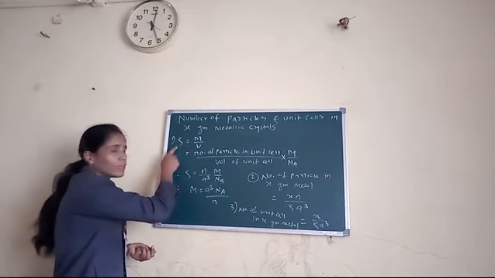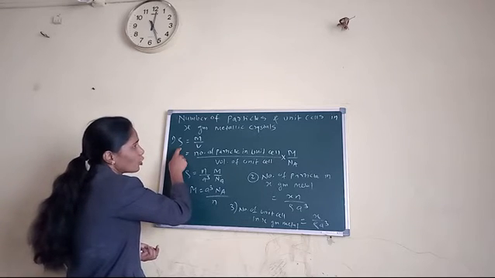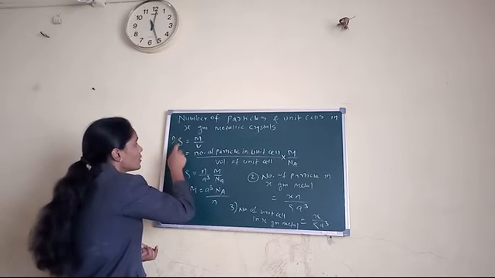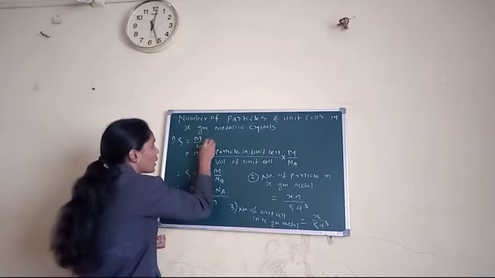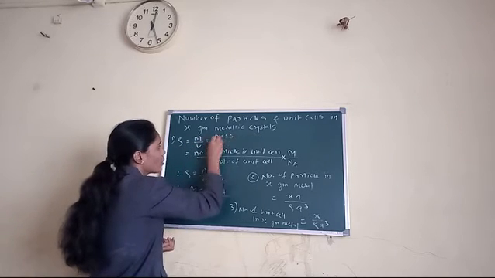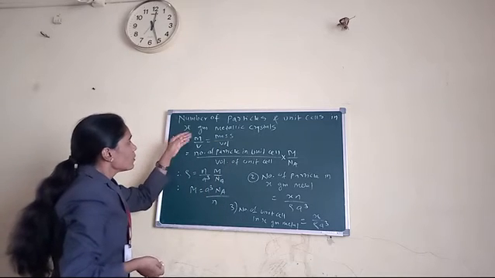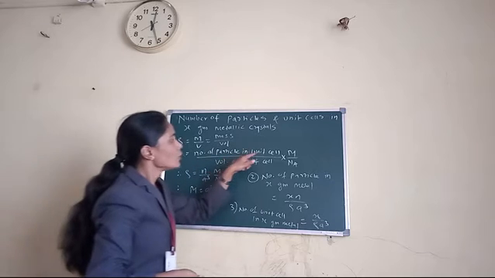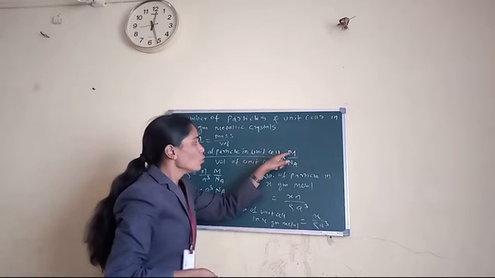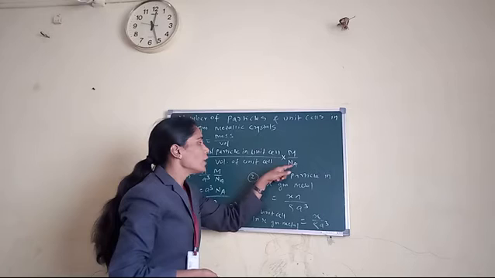The first formula is rho. Rho means density of unit cell, that is rho is equal to mass upon volume, mass of unit cell upon volume of unit cell. The mass of unit cell means the number of particles in unit cell into mass upon Avogadro's number Na.